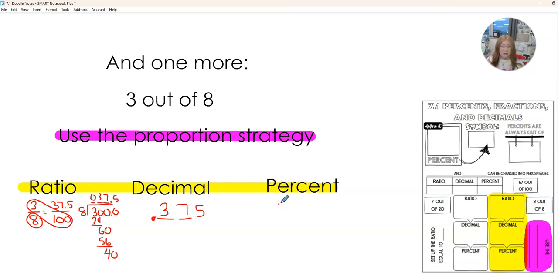I take this ratio, and my percent is 37.5% out of 100. Yes, this one does have that extra decimal, but every time they're still in that hundredths place. So once we know our ratio, the decimal and the percent become really easy because they're just the same number we already did the work for.